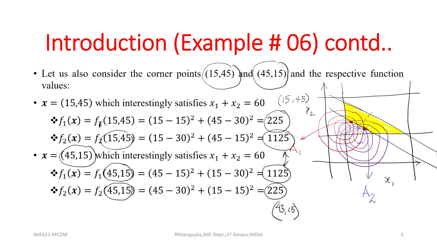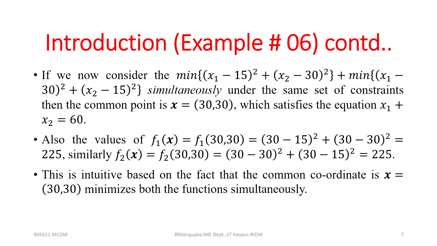This is not really needed for this course, but I thought if you can visualize it, it will give you an idea of how both the objective functions, separately and collectively, can be optimized. I have not gone into the maximization yet.